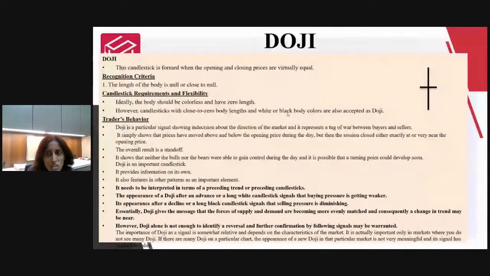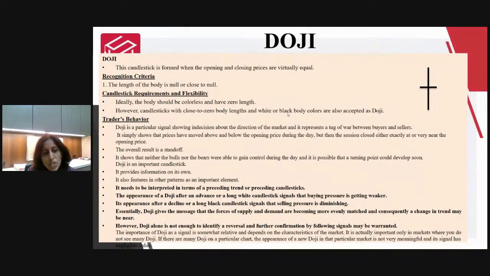Now, what is the trader's behavior if they get to see a doji in any of the trading days? So a doji is particularly a signal showing indecisiveness in the market. And so the traders are clueless as to which direction the market is going to move, right? And it represents a tug of war between buyers and sellers.